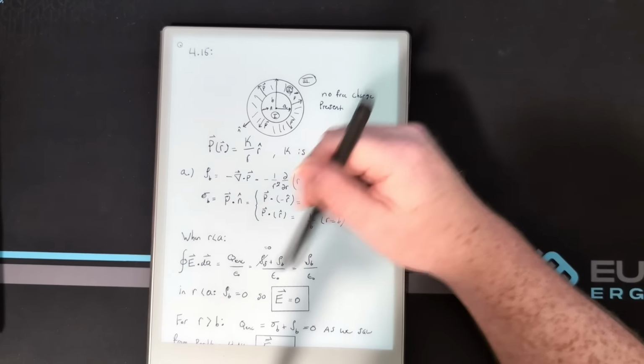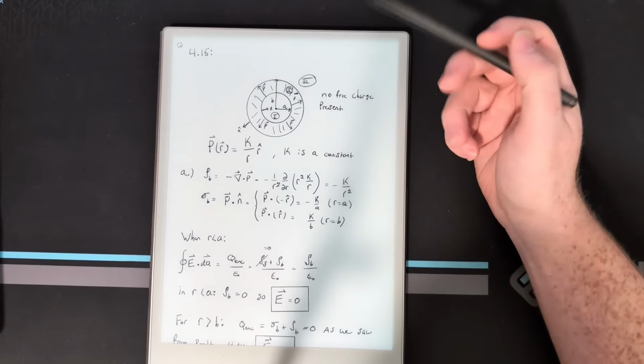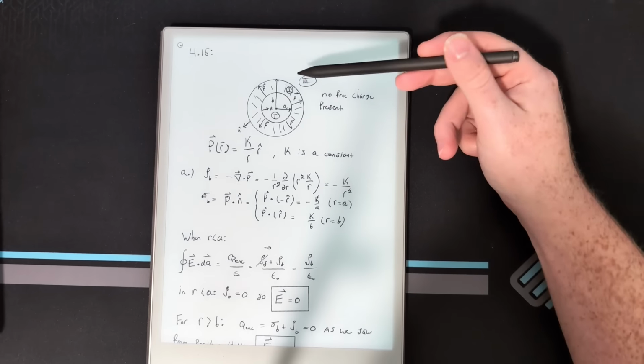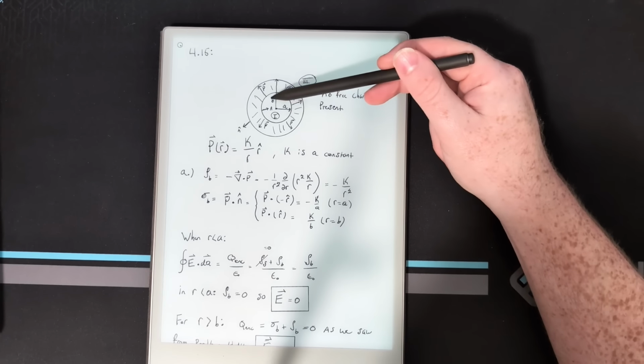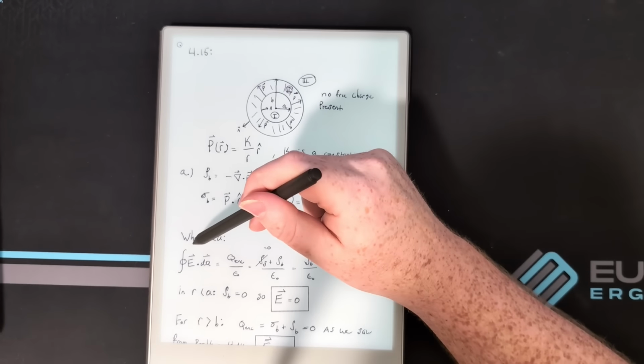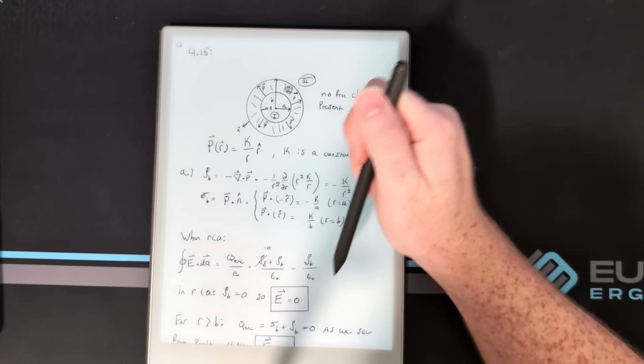So we know what the volume and the surface bound charges are. Now let's find the electric field. Let's look at when r is less than A, inside the cavity. We know Gauss's law, the integral of E dot dA is equal to the total charge enclosed over epsilon naught.